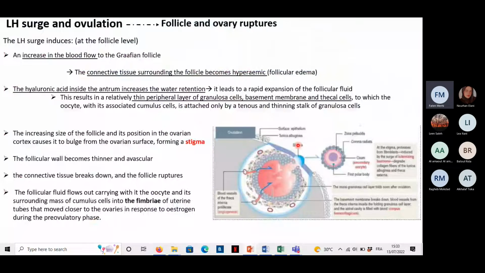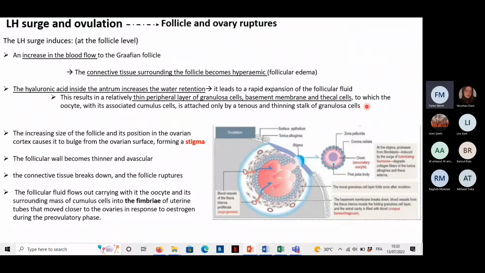So we were talking about the increase in the volume of the antrum or the antral cavity. This results in a relatively thin peripheral layer of granulosa cells, which is the mural layer. And we will have a basement membrane and thecal cells to which the oocyte with its associated cumulus cells is attached only by a tenuous and thinning stalk of granulosa cells.